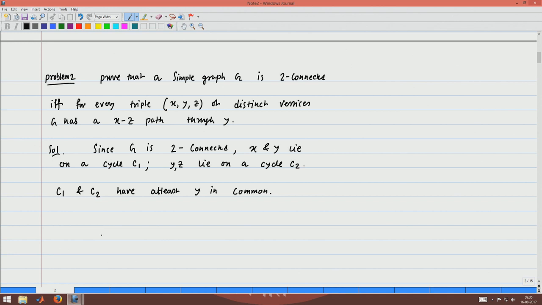So, let me draw C1. C1 is passing through x and y, and C2 contains y and z. So, this is C1, this is C2.